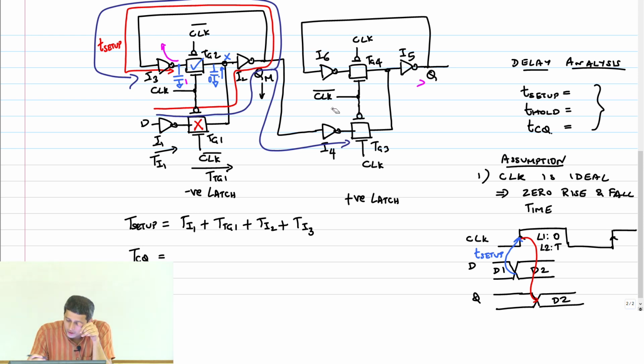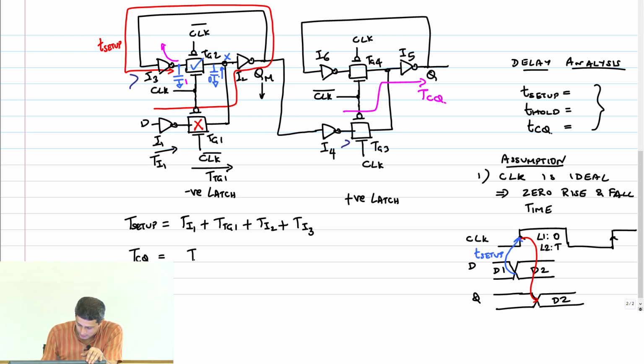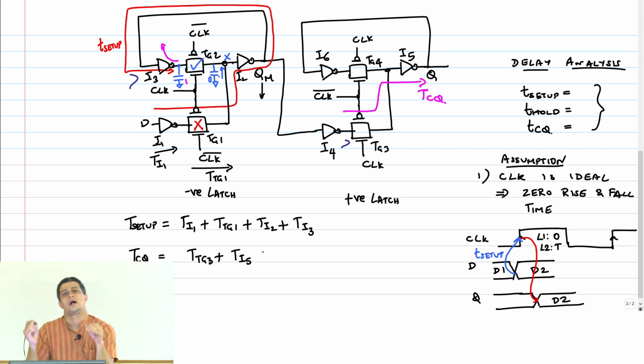Therefore, I4 is not needed. Right? So let me take this off. I4 is not needed. So therefore, the clock to Q delay is only this much. So what is TCQ? It is TG3 plus I5.